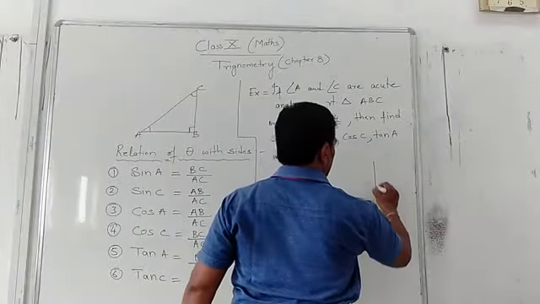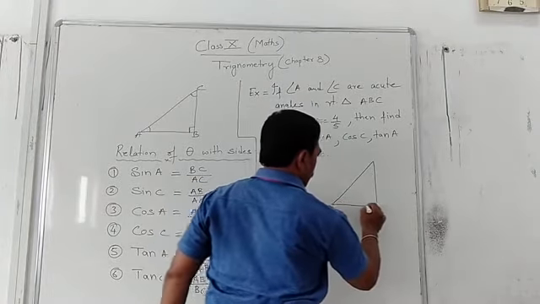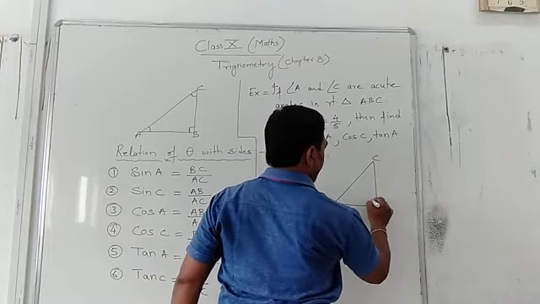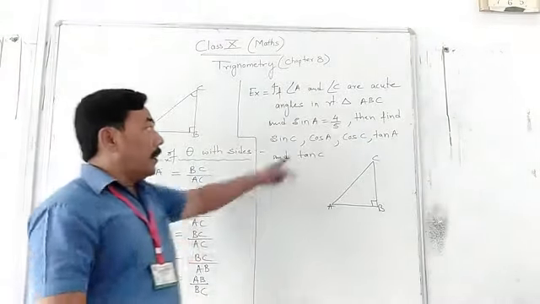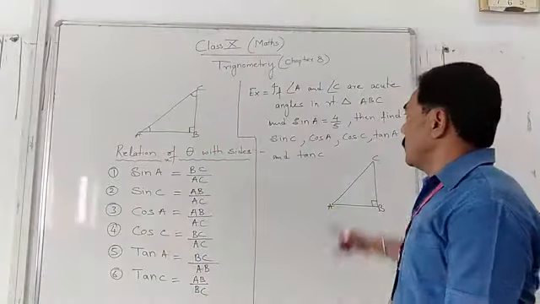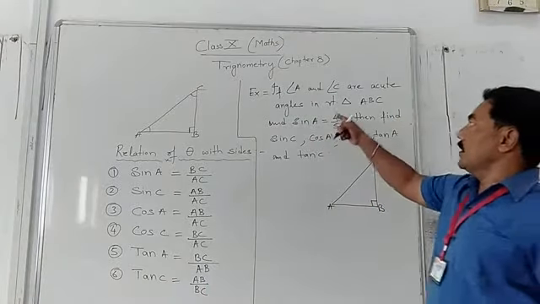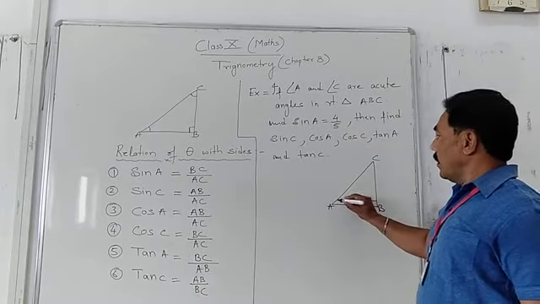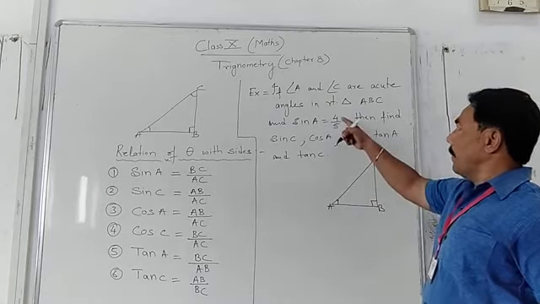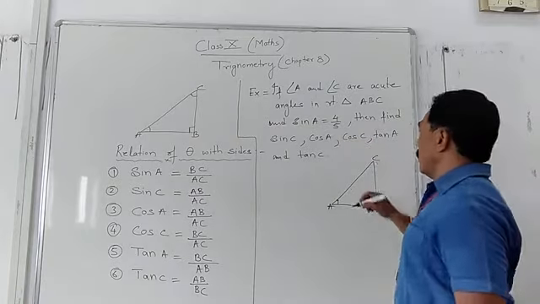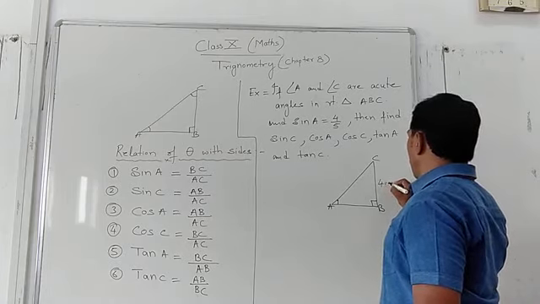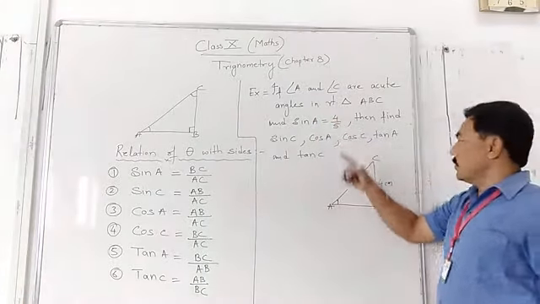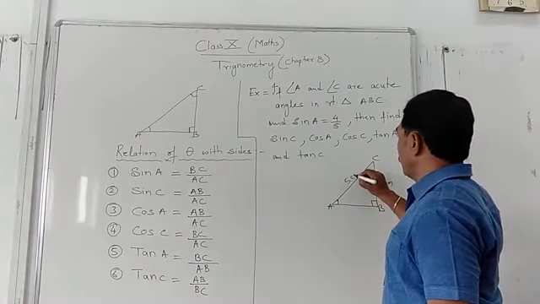Suppose this is a right angle triangle ABC, right angled at B. Sine A is 4 upon 5, and the side opposite to angle A is BC. So the perpendicular BC is equal to 4 centimeter, and the hypotenuse AC is equal to 5 centimeter.